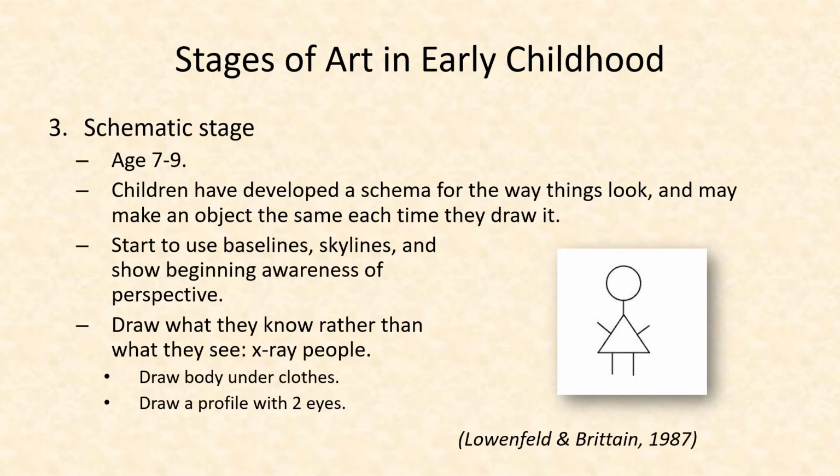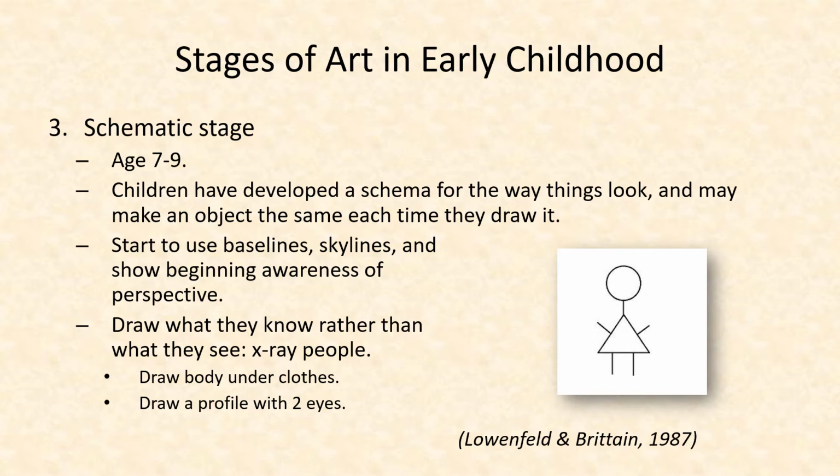After pre-schematic, students approximately age somewhere between 7 and 9 enter the schematic stage. Notice that pre-schematic and schematic students are setting out to draw something in particular as opposed to the scribble stage before age 4 where they're just setting out to just draw for the sake of drawing, and then they're going to look at it and see what it is to them afterwards.